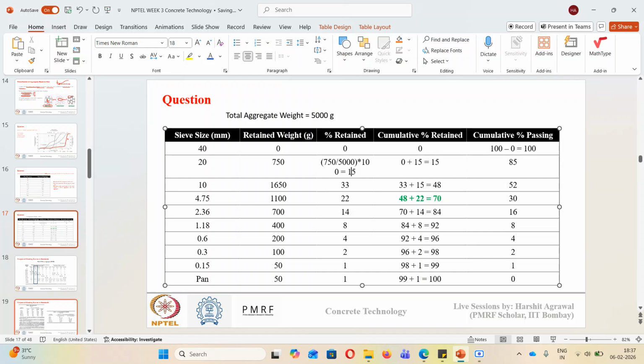That gives me 15%. This means that 15% of the total aggregate weight was retained on the 20 mm sieve. Similarly, 33% of the total aggregate weight, that is 1650, was retained on the 10 mm sieve. Like that we did this calculation.